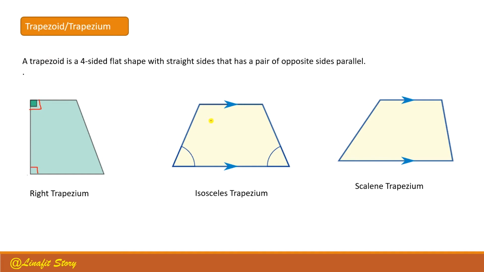And then it is an isosceles trapezium when it has equal angles from parallel sides. When neither the sides nor the angles of the trapezium are equal, then it is a scalene trapezium.